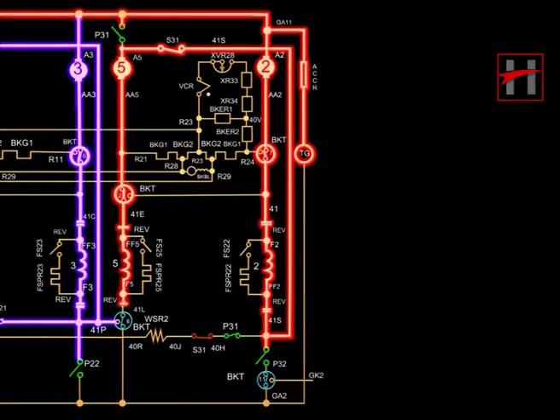The field of traction motor 5 is energized via cable AA5, BKT contact 2 in motoring mode, cable number 41E and the reverser contact.